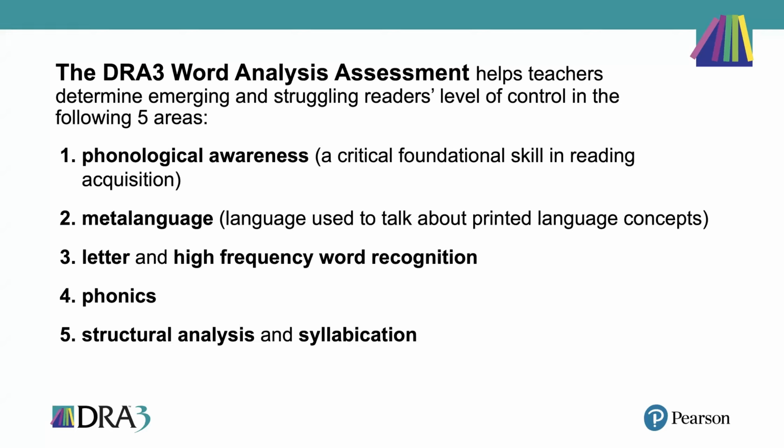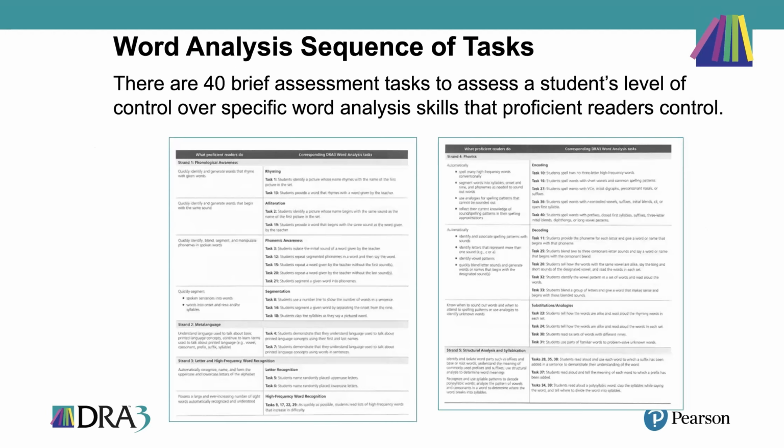The tasks, as much as possible, reflect what developing readers need to know and do to successfully problem-solve unknown words. There are 40 brief assessment tasks to assess a student's level of control in the 5 areas. These tasks monitor how developing readers are progressing in specific word analysis skills that proficient readers control.